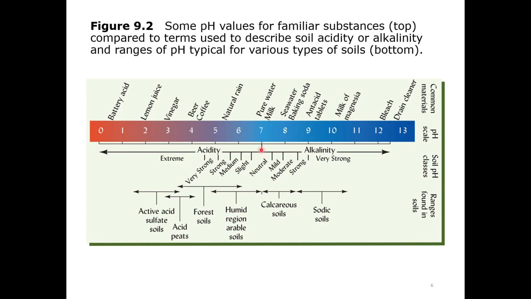Anyway, below 7 we have the humid region soils and forest soils. Above 7 we have the calcareous soils and sodic soils. Calcareous soils contain more calcium carbonate, while sodic soils contain more sodium, and both make the soil alkaline.